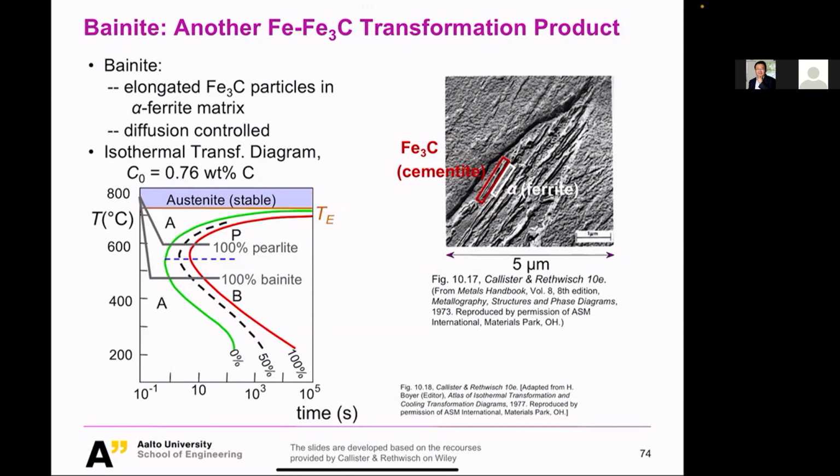It cannot form layers so long; it becomes disconnected, small elongated cementite. And this is the so-called bainite microstructure. So bainite is a little bit unstable kind of pearlite. You can imagine it in that way. The morphology difference is just that the cementite is not layered anymore. It's becoming elongated particles.